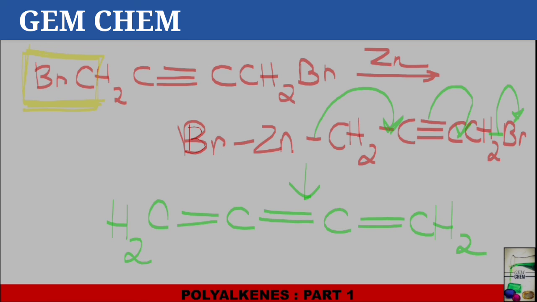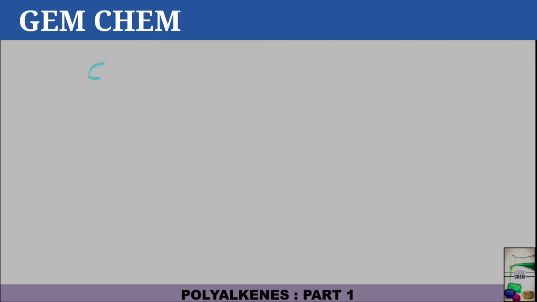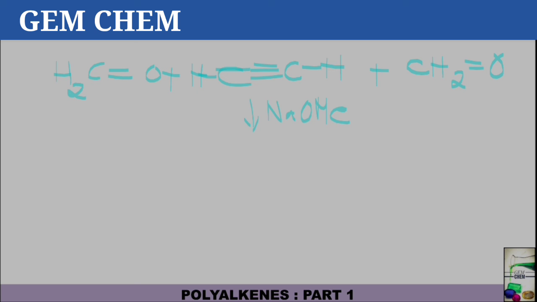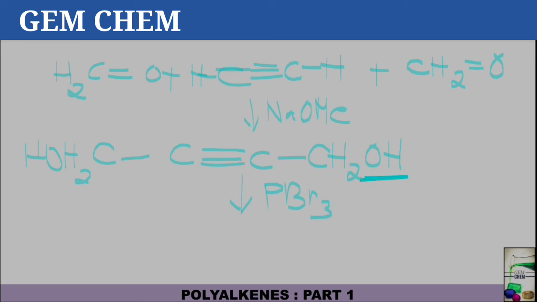So this is how we can make a cumulated double bond. And another method for making this one is to take formaldehyde, CH2 double bond O, CH2 double bond O, and you take alkyne. Now to it add NaOMe. What happens is that these three moieties get together. So we get C triple bond C, CH2OH, CH2OH, and when we add PBr3 to it, this OH gets replaced by Br, CH2Br, C triple bond C, CH2Br.